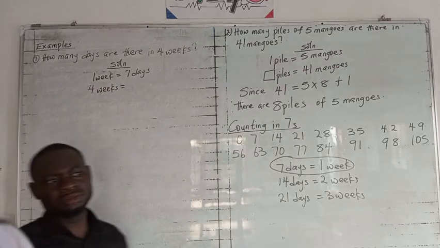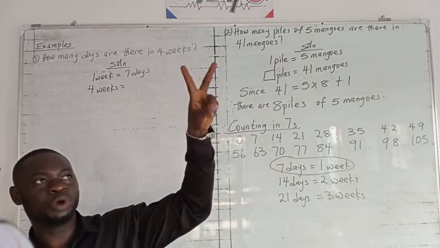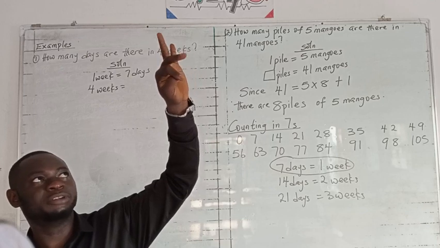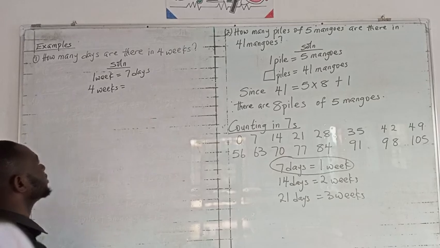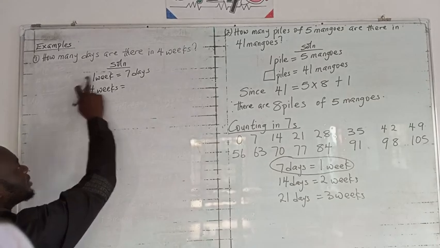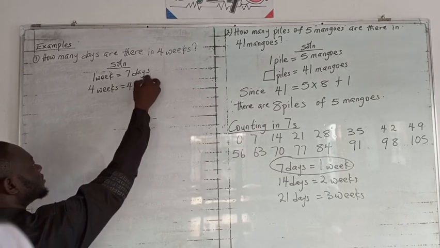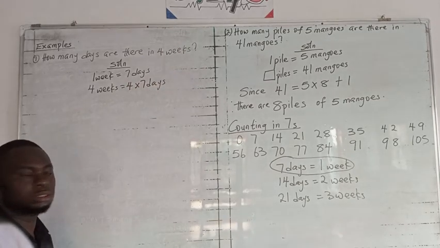We can decide to spread 4 weeks in 1 week. 1 week, 1 week, 1 week, 1 week. That means we'll be having 7 plus 7 plus 7 plus 7, right? But instead of doing that, you can simply say, if there are 7 days in 1 week, that means there will be 4 times 7 days in 4 weeks.